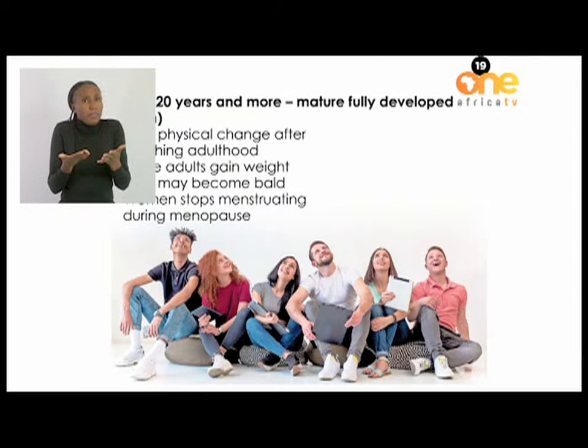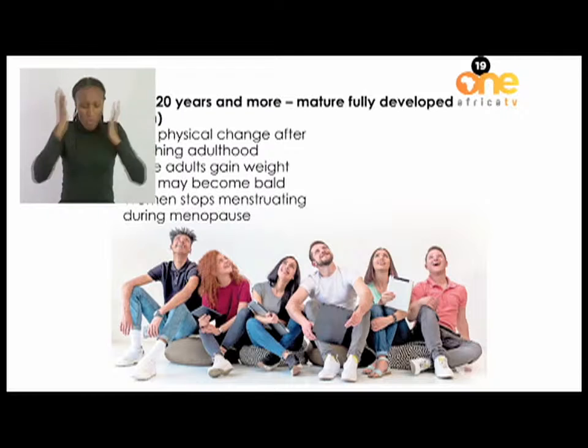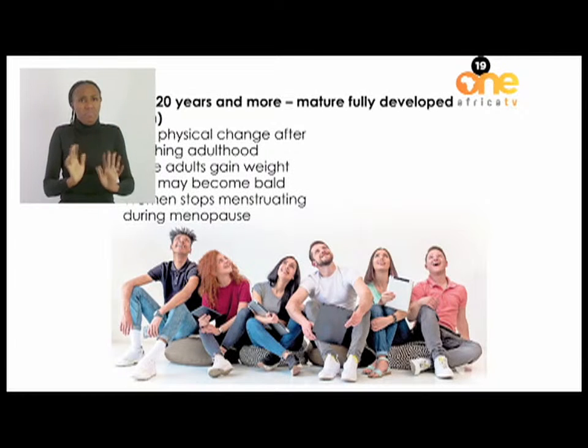Little physical changes after reaching adulthood, okay? So when an adult person doesn't really change, the changes are hardly seen because they happen at a very low pace, okay? So they don't grow fast anymore as the young ones. Some adults gain weight.